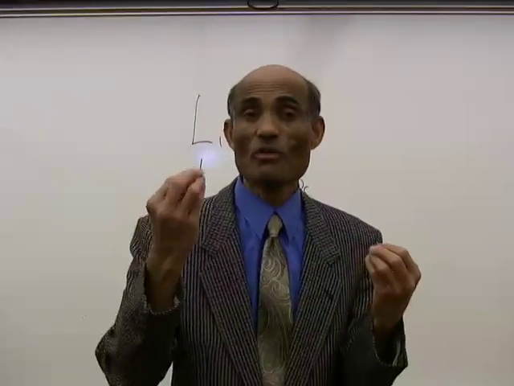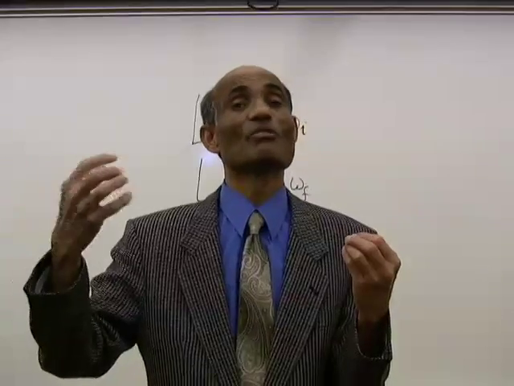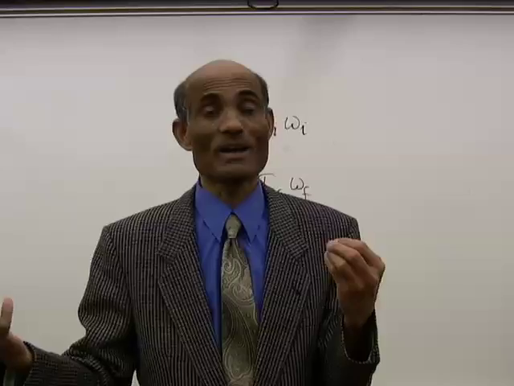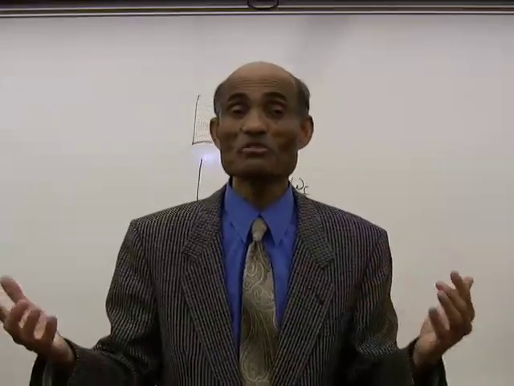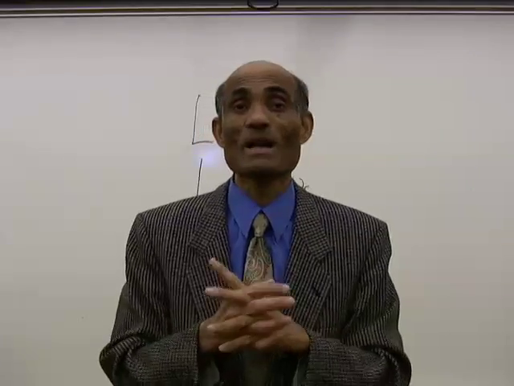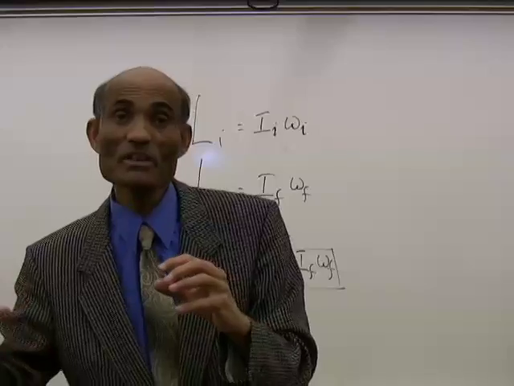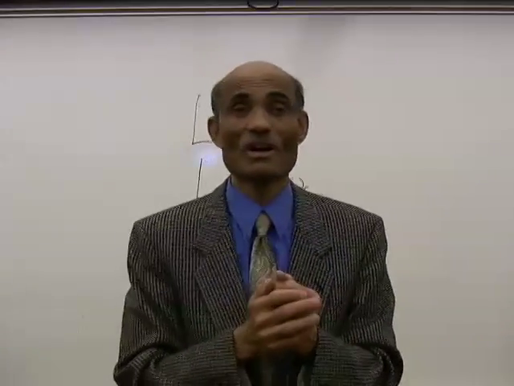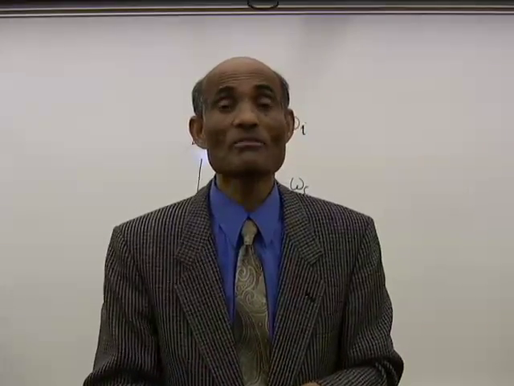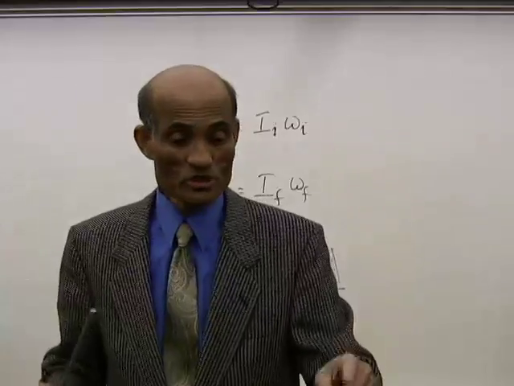Kinetic energy for linear motion is 1/2 mv squared. For rotational motion, 1/2 I omega squared. And what is the kinetic energy of a rolling object? It will be the kinetic energy of rotation and the kinetic energy of translation: 1/2 mv squared plus 1/2 I omega squared. Well, so put all these things together.